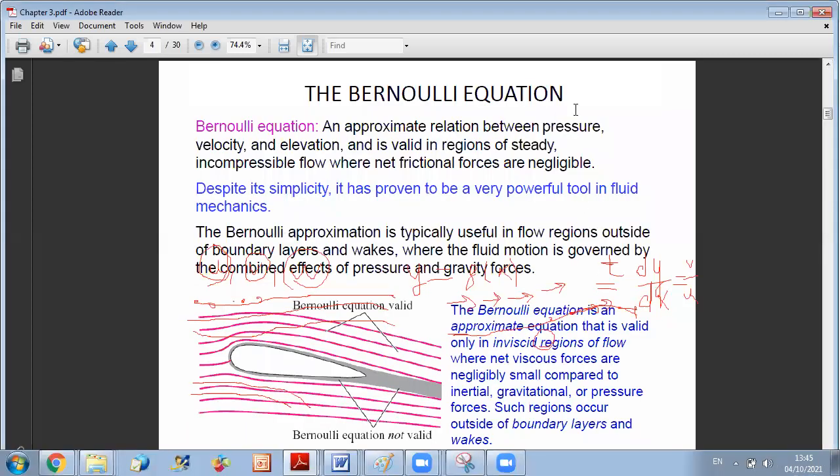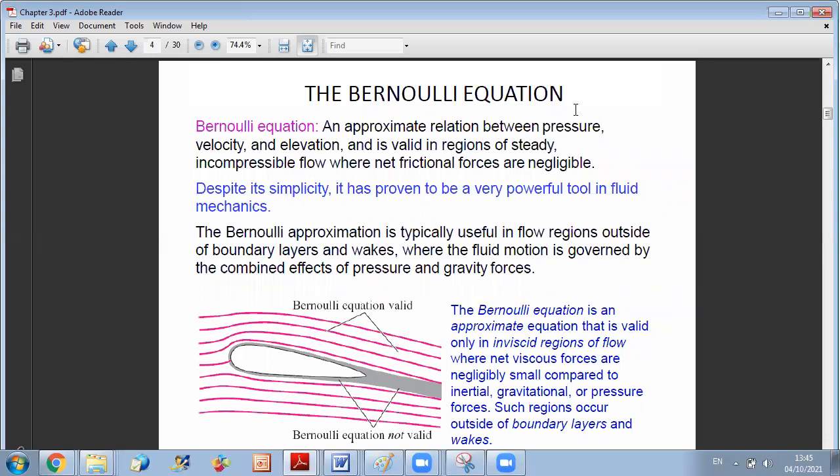Now, what is the Bernoulli equation? The Bernoulli equation is an approximate relation between pressure, velocity, and elevation, and is valid in regions of steady incompressible flow where net frictional forces are negligible.